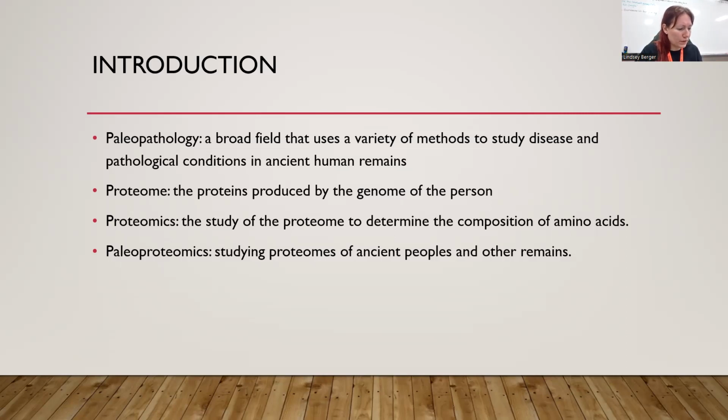And the reason we want to study the protein specifically is because proteins are important to countless biological processes. If you can determine which proteins are present based on the amino acids, you can figure out roughly how the disease worked or what was there, because a lot of proteins cause diseases. Like if they're misfolded, you can get really bad diseases.